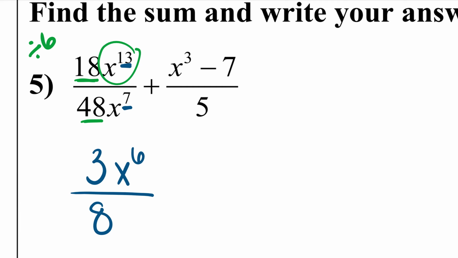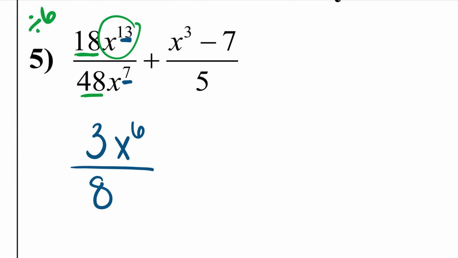I'm not sure what I was thinking when I made this. Anyways. Okay. So I have 6. Great. And then on this other fraction, notice I don't have a number in front of my x cubed, and so I can't reduce anything. So then I'm just going to write plus x cubed minus 7 over 5.